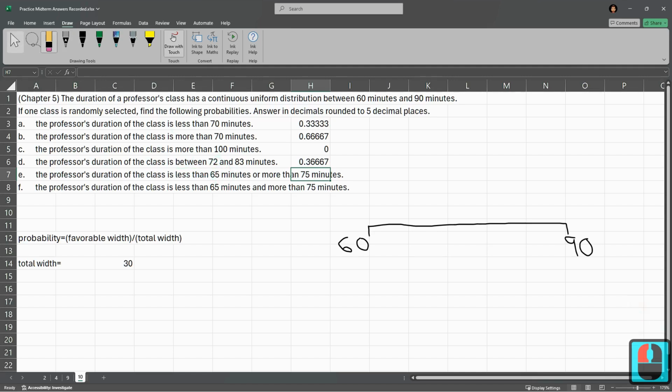Okay, we're ready to move on to the next part. Less than 65 or more than 75. So this uses the word or, and I'll underline it twice because that's really important, or. So less than 65, so 65 is close to 60, right about here. 75, more close to 90.